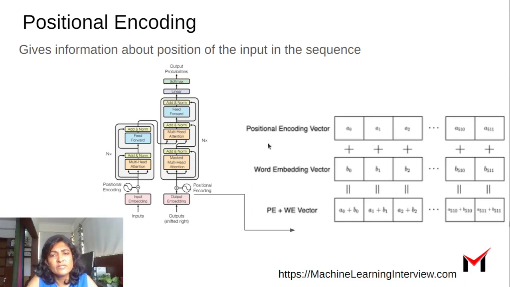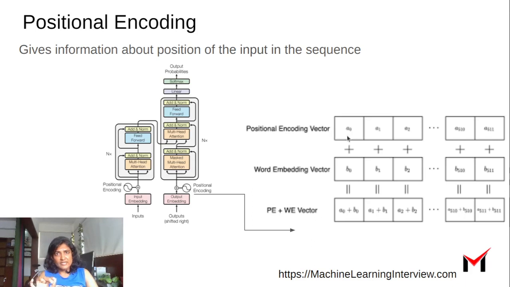And then you have something called a positional encoding vector. The purpose of this is that the transformer model is based on the premise of self-attention, and when you're computing self-attention, you're not really giving any importance to the sequence of tokens. Positional encoding helps the transformer model overcome this limitation by adding position information.